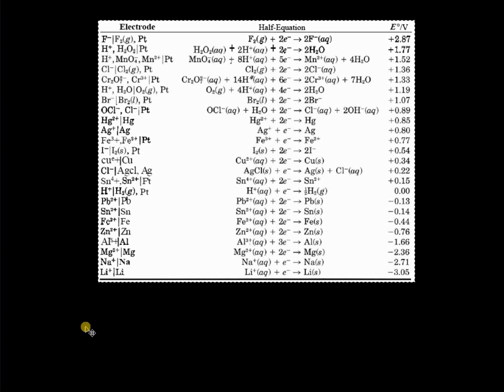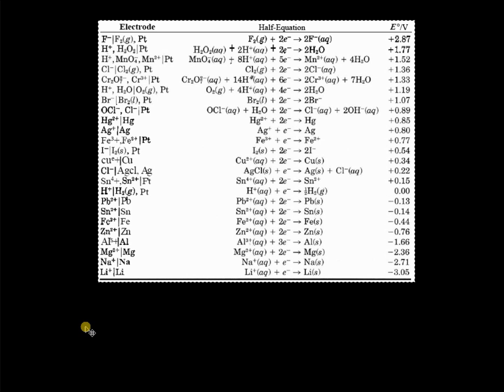Supposing I give you a pair of electrodes and ask you to construct an electrochemical cell and calculate the E0 cell. What would be the first thing that you have to do? You have to select the anode and the cathode out of it. For that you will have to look into the list of the standard potentials. The one element for which the electrode potential value is lower would be forming the anode.